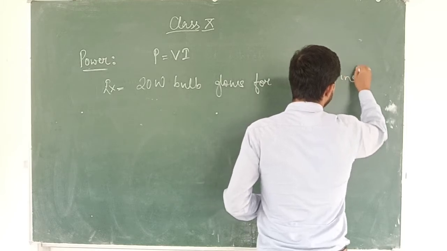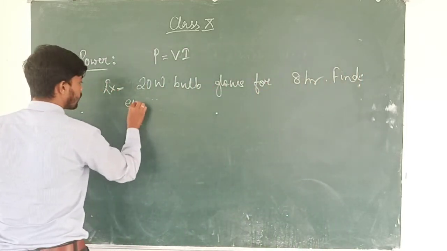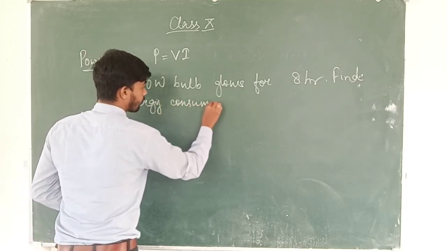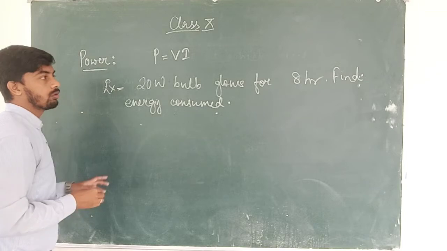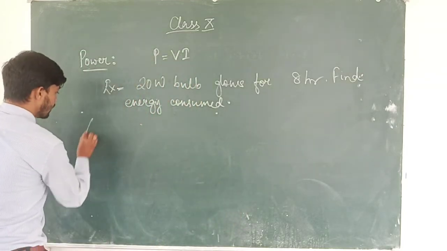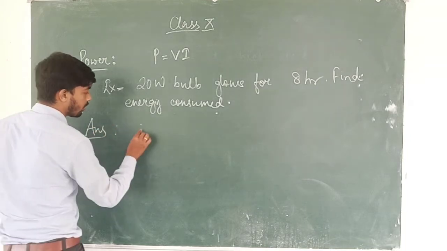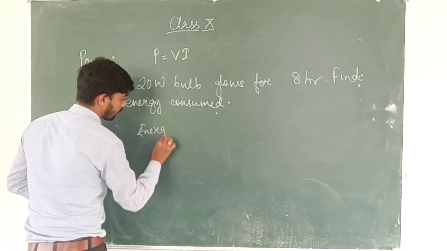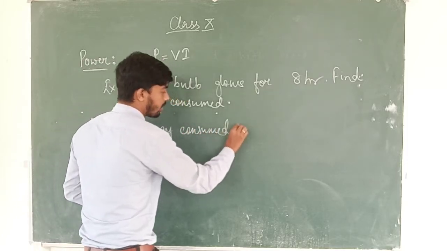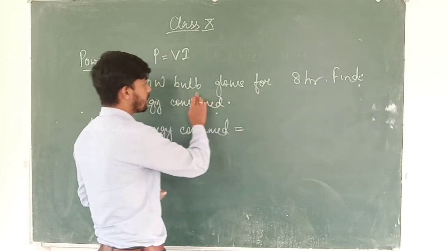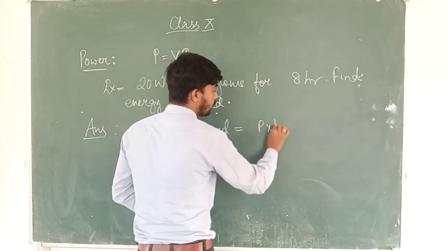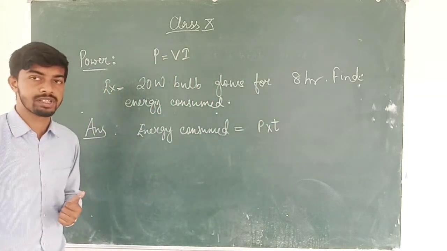So if you need to know how much energy the bulb is consuming, energy consumed will be the power of the bulb, P, into how much time the bulb was glowing.